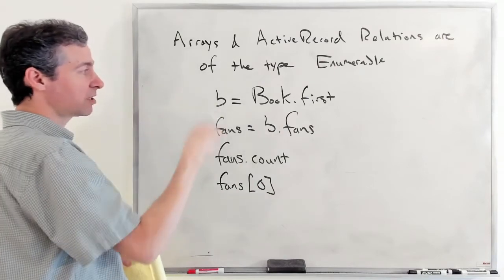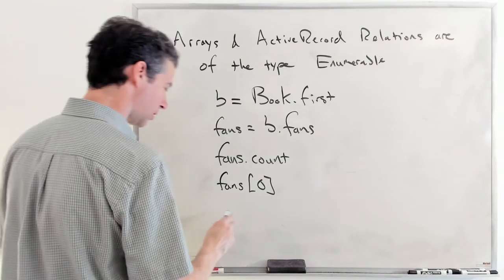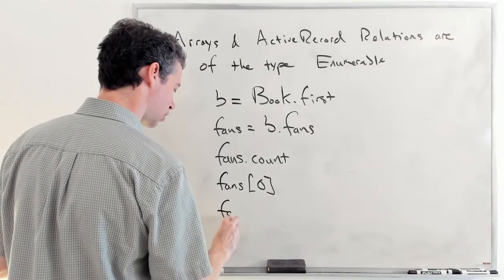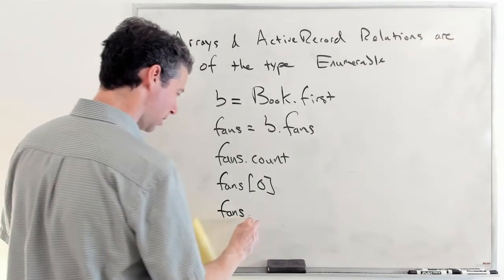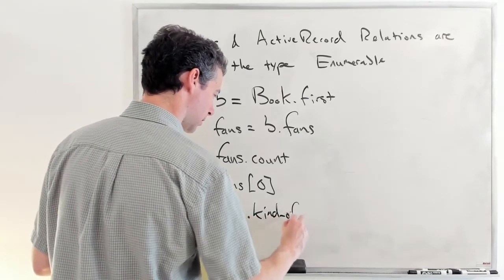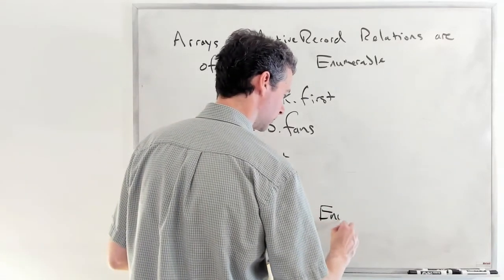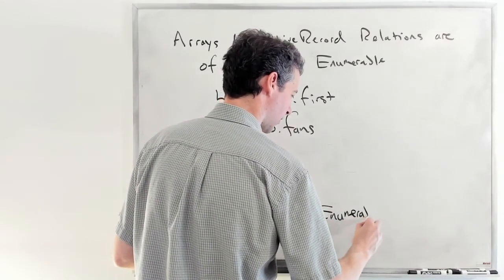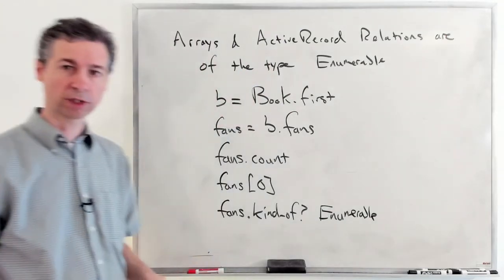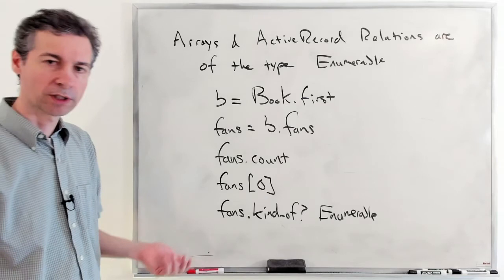If I wanted to actually test your code, which I did do, I can actually check to see if the object that you have is a type or kind of an enumerable. So if you gave me a string, that's not enumerable. It's not a collection of stuff. If you gave me an integer, that's not right.